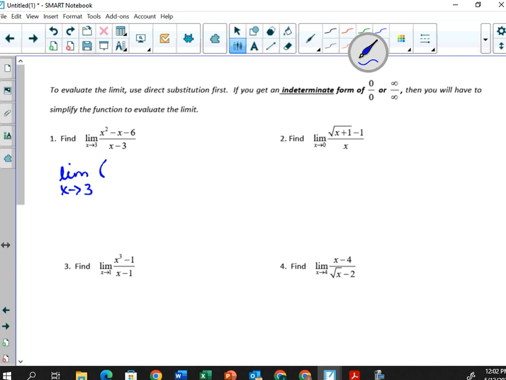There is no 3 in the middle of that problem. Wait, so you don't plug in the 3? No. We haven't done this. We've not evaluated. Okay.